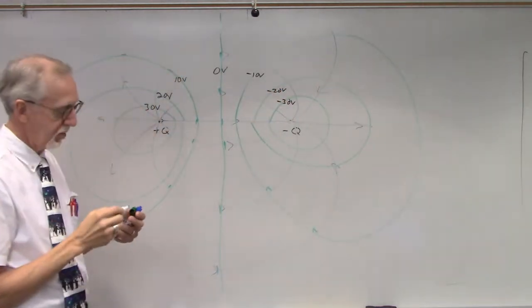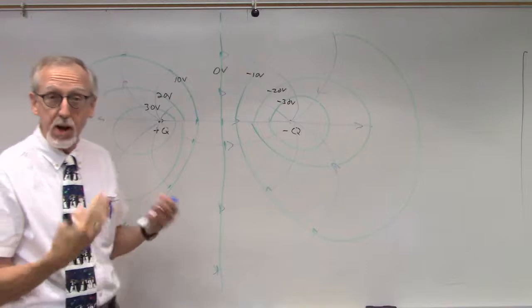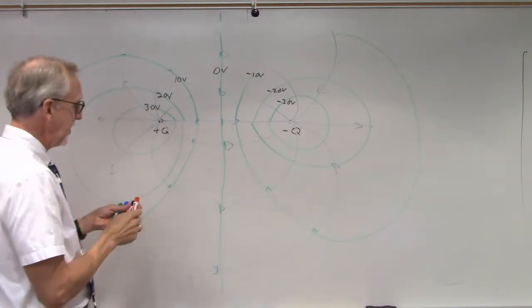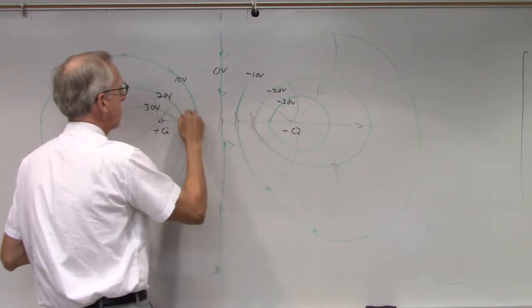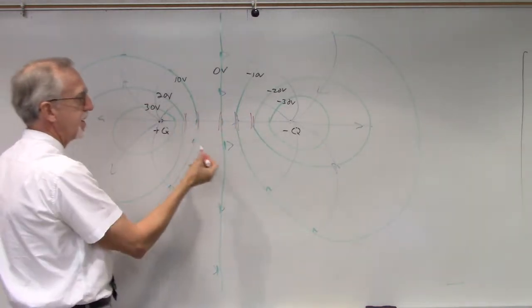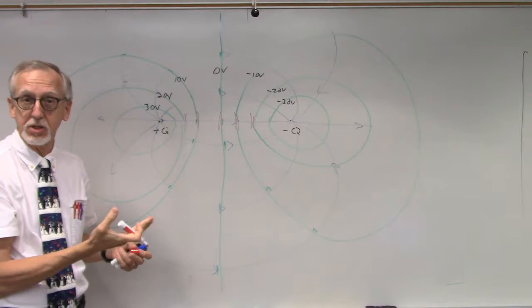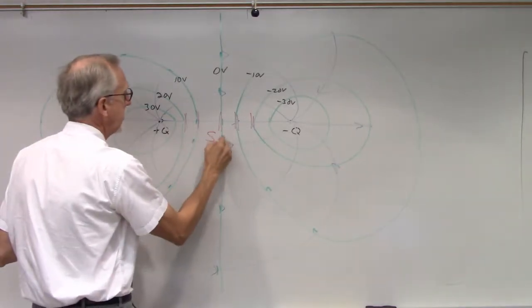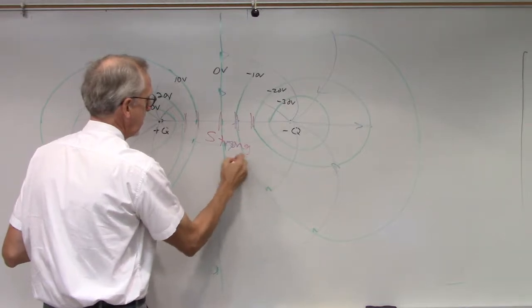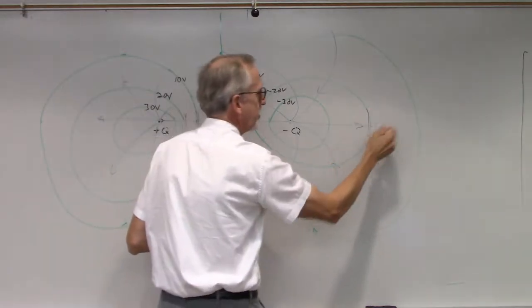Something like that. What I want us to notice is that in here, our equipotential lines are close together. And what does that tell us? When the equipotential lines are close together, we have a lot of force, in other words, a strong electric field. While over here, they're further apart.